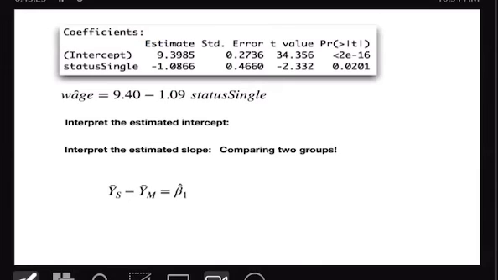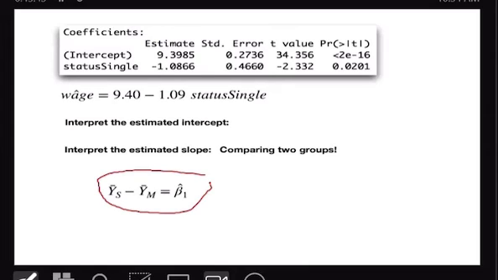Have you heard about difference of means? Now, what I'm trying to say is that the difference of means is the same thing as the slope. Look at that. The mean of a single worker minus the mean of a married worker is the same thing as the slope.